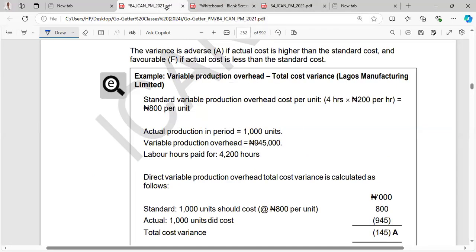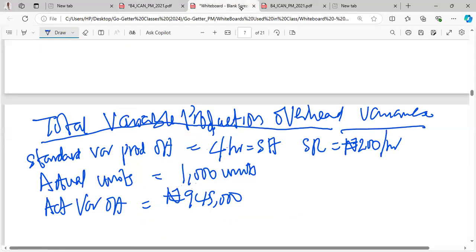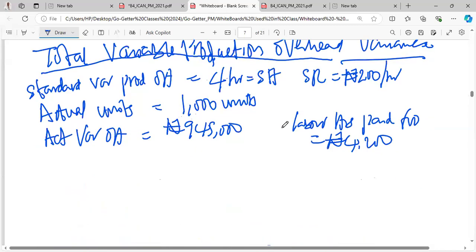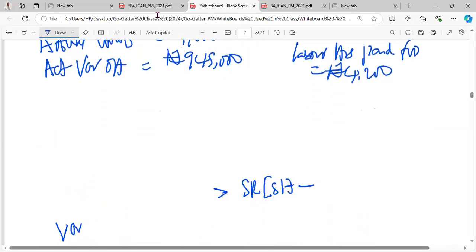We are also told labor hours paid for is 4,200. Let me call it here. Labor hours paid for, 4,200. So what are we going to do now? I'm supposed to clean up this.